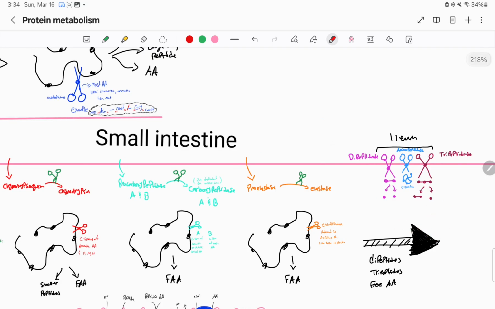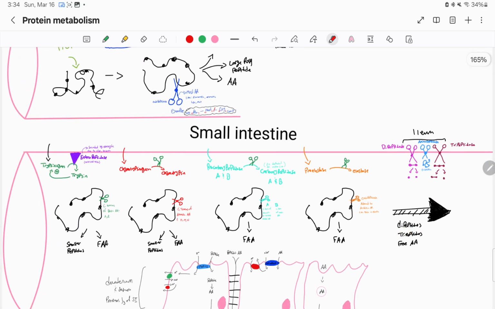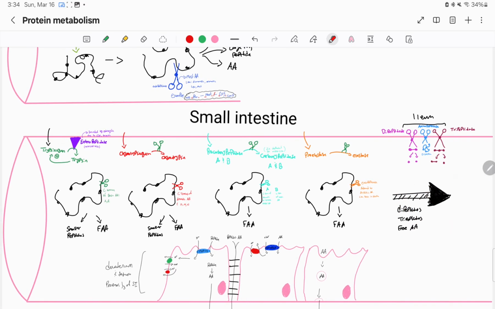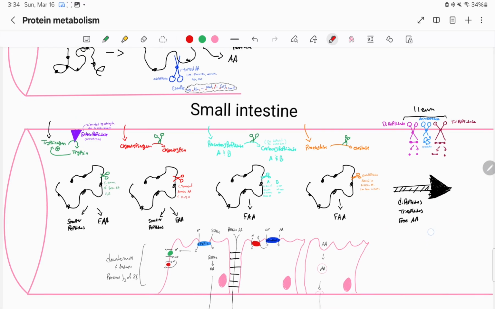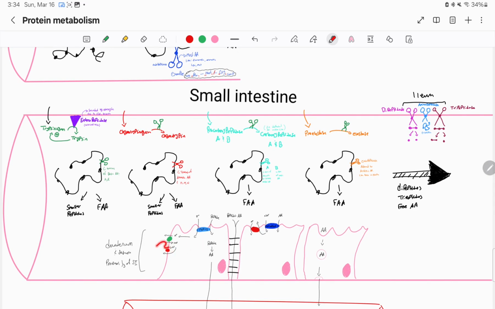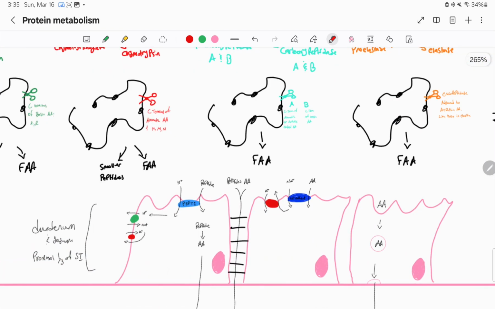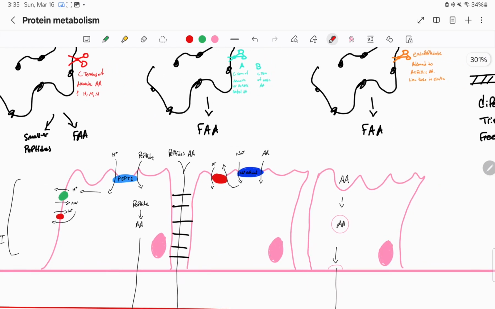Either way, the whole goal here is to create these amino acids and dipeptides and tripeptides so that we can absorb them. How do we absorb them? Well, absorption usually occurs in the duodenum and the jejunum, or I should just say the proximal 1/3 of the small intestine. And it can occur differently for amino acids and peptides.